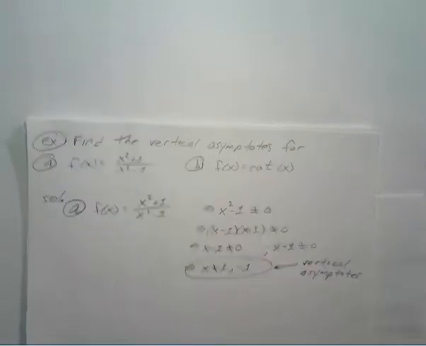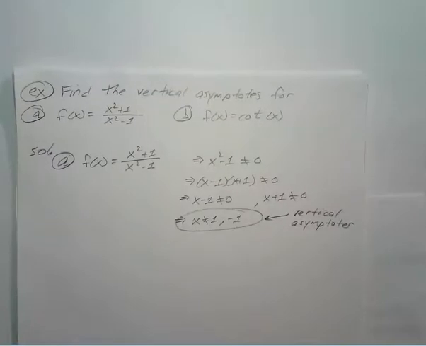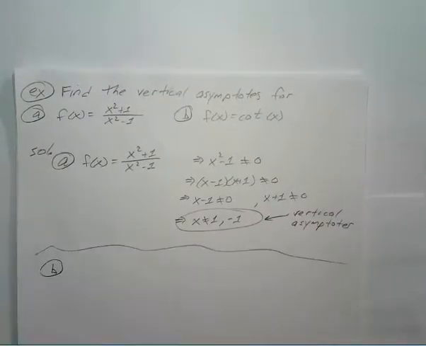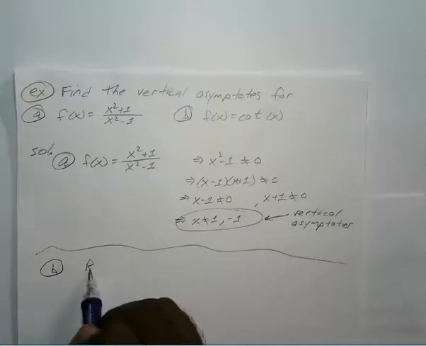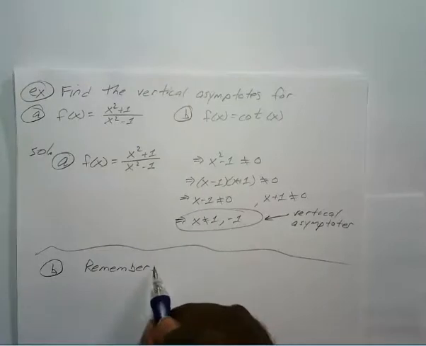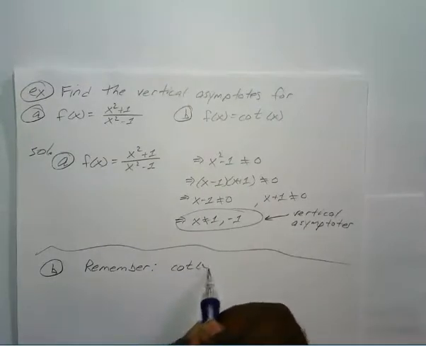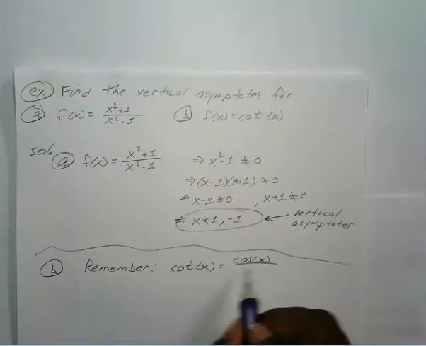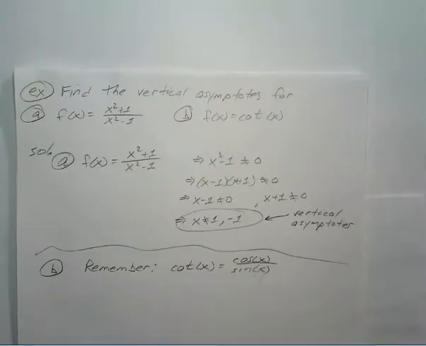All right, how about question B? For this, you just have to remember that cotangent of x is equal to cosine of x over sine of x.